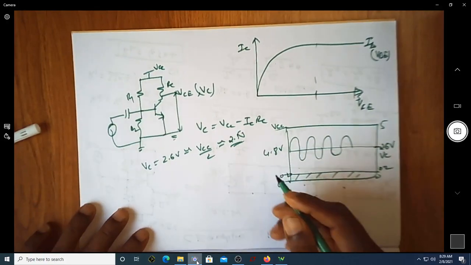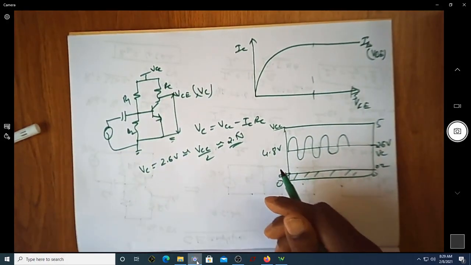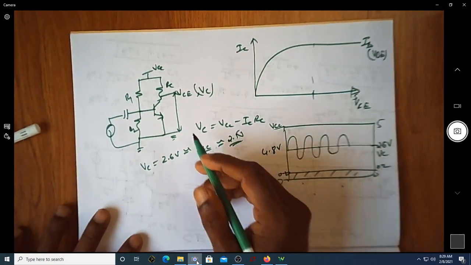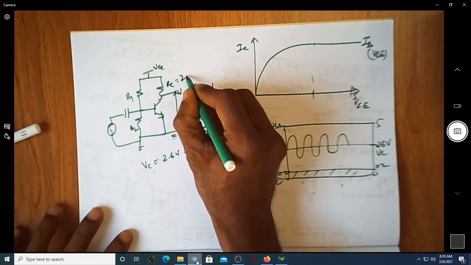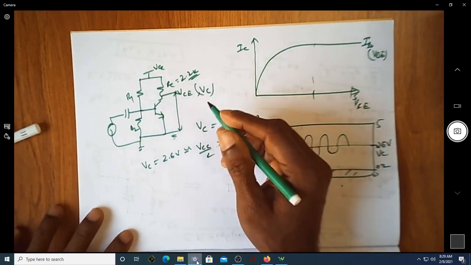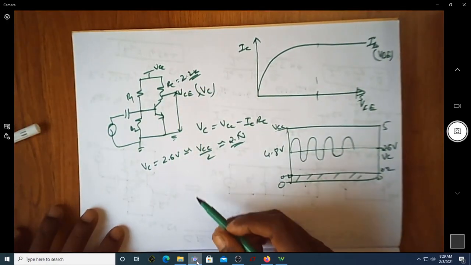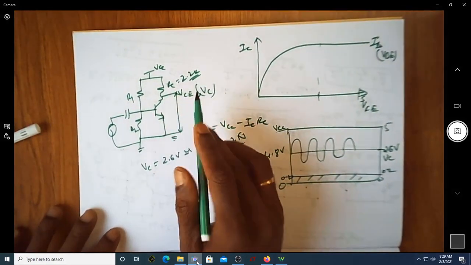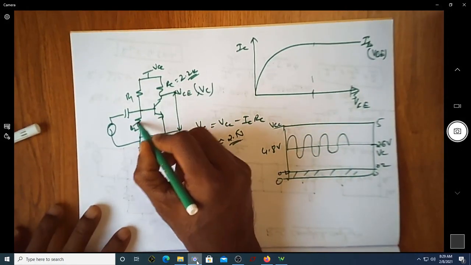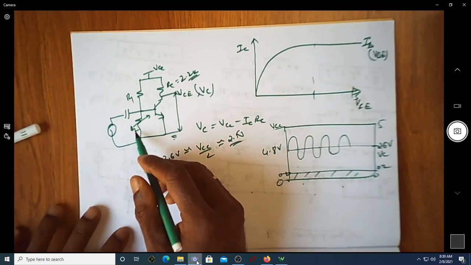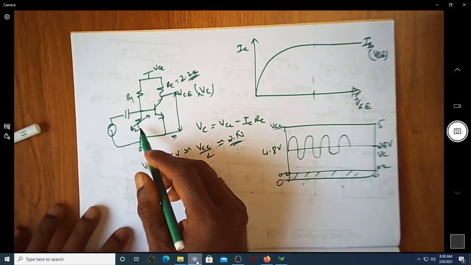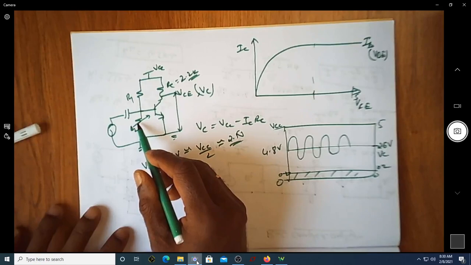So let us do an experiment. Let us lively conduct the experiment and try to find out, if I connect a value of RC equal to 2.2 kilo ohm, what is the drop I get. So let us have a DRB here in place of R2. Instead of keeping it constant, let me have a variable resistor so that I can vary the value of R2.